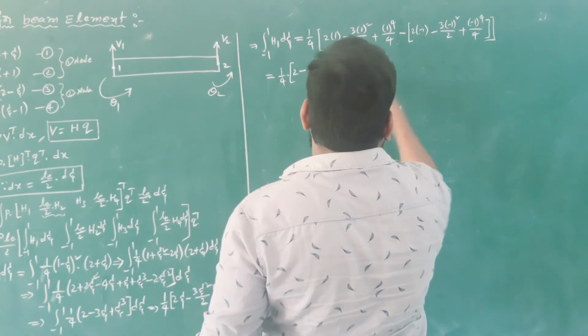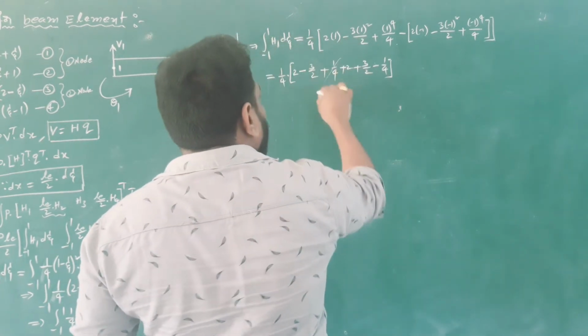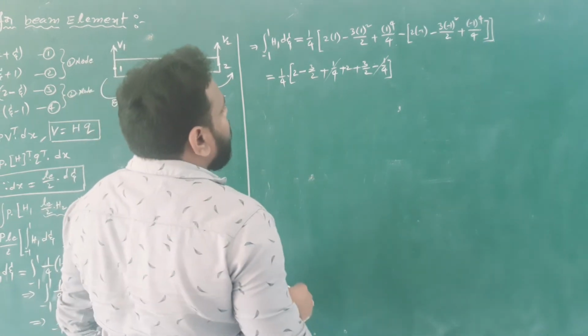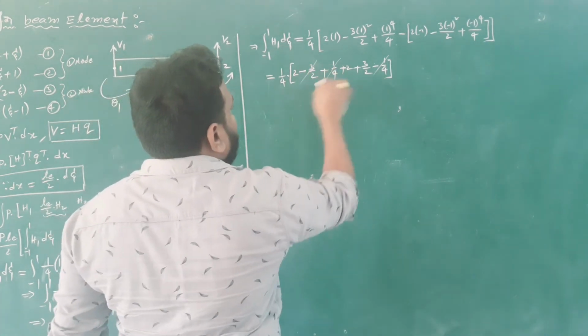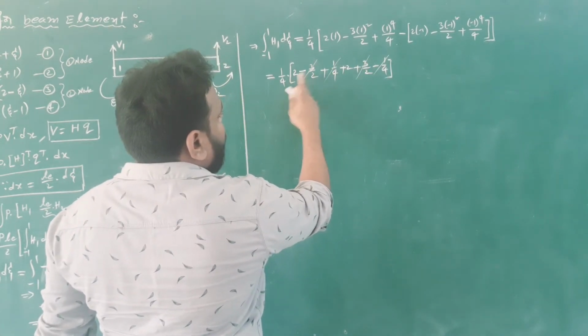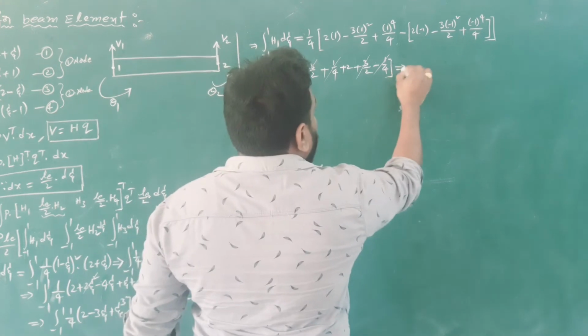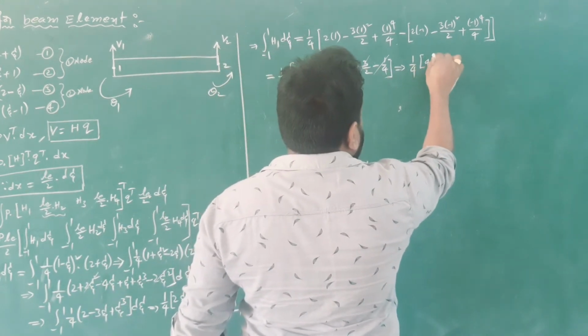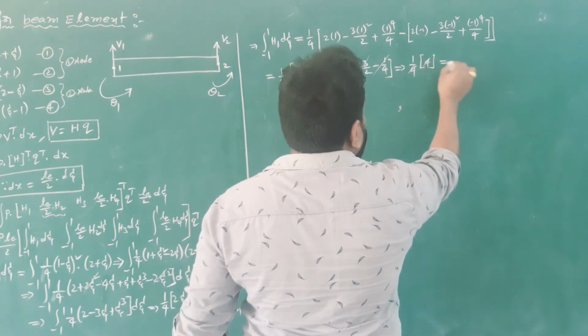I got like this. So 1 by 4 is cancelled, and minus 3 by 2 plus 3 by 2 is also cancelled. So finally we got 4 plus 4. So now 1 by 4 into 4 plus 2 plus 2, that is 4. So 4 cancelled, we got 1.